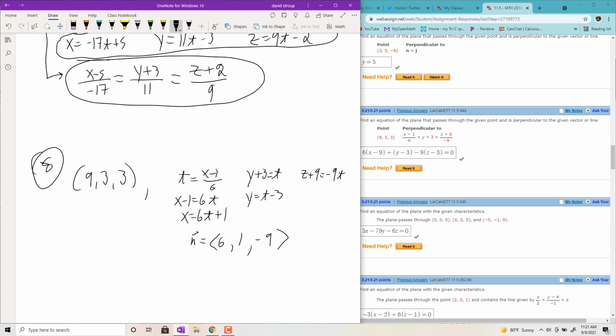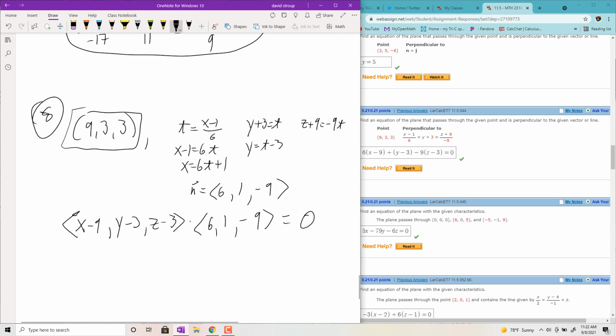And then the equation of the plane is basically the dot product of all vectors created by taking a point x, y, z, so if you took x minus 9, y minus 3, and z minus 3, and you dot product it with this normal vector, it would equal 0, right?